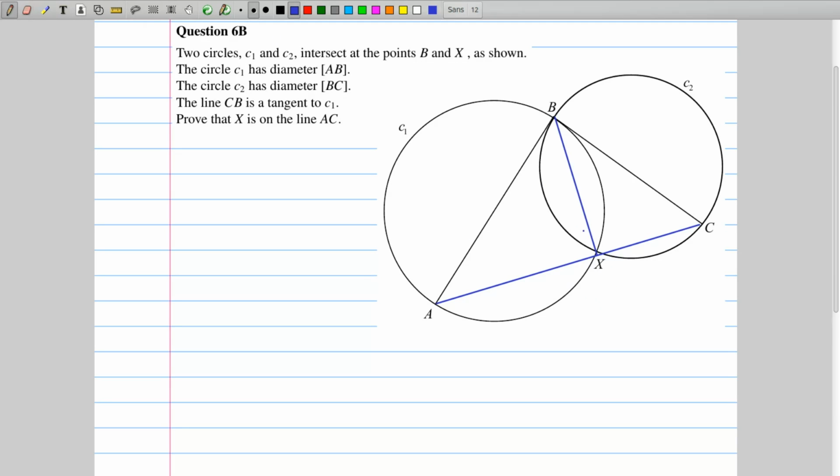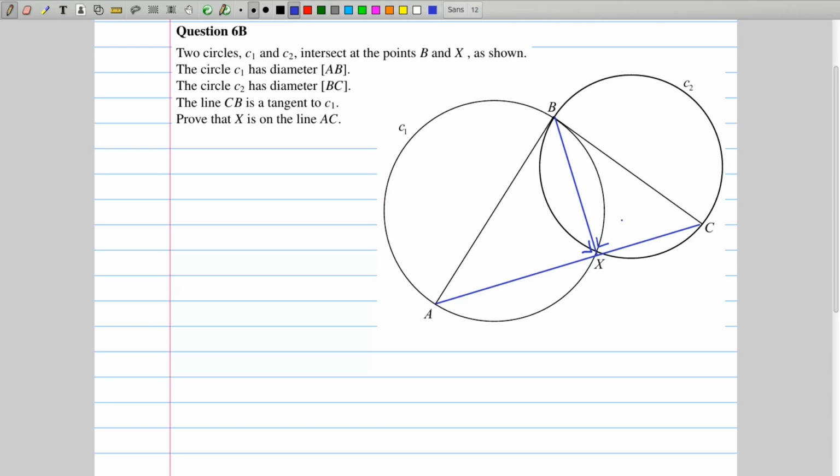But hopefully you'll recognize that each of these two angles, BXA and BXC, they're both right angles. The reason for that is they're both angles in a semicircle. If you just take the semicircle from A through to B that passes through X, you know that any point on the circumference of that semicircle will make a right angle if you join that point to A and B. And so we have this point X that's on the circumference, it joins to A and it joins to B, and so that must be a right angle there.